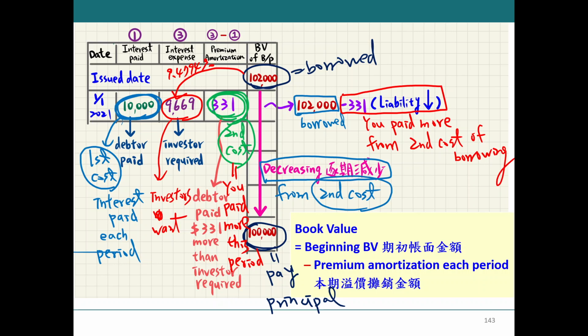Any questions? No problem? Then please go to your handout, finish pages 37, 38. Your handout on pages 37, 38 is about your bond issued at a premium, 溢价发行. So find out your product and find out how much money you can borrow.